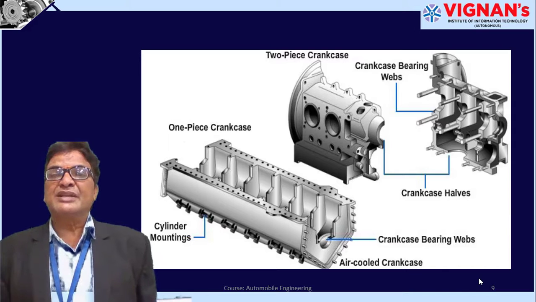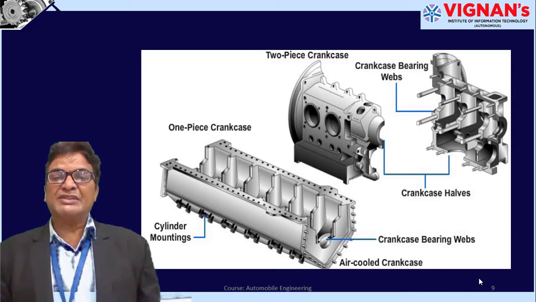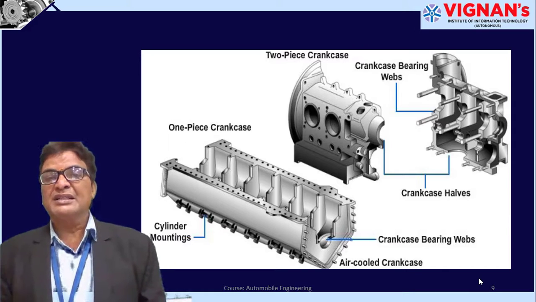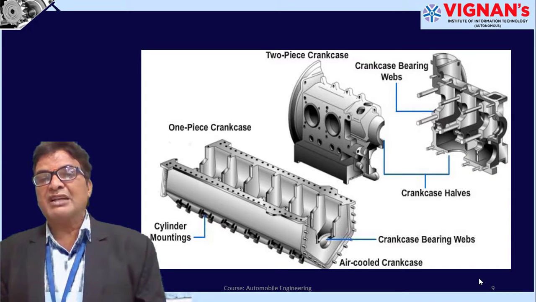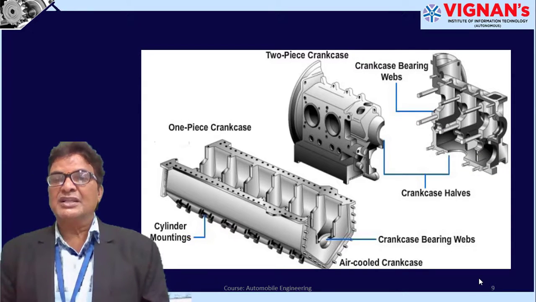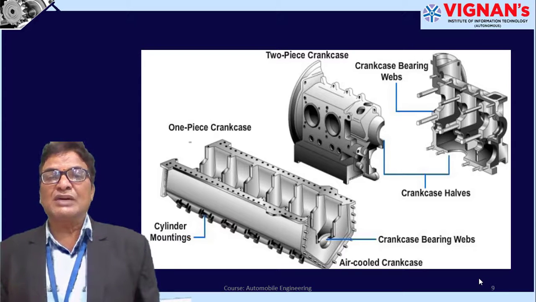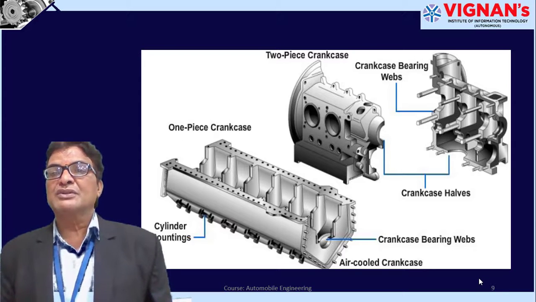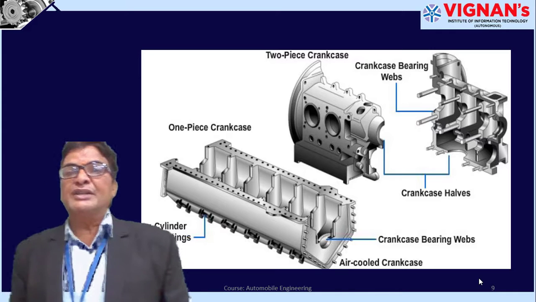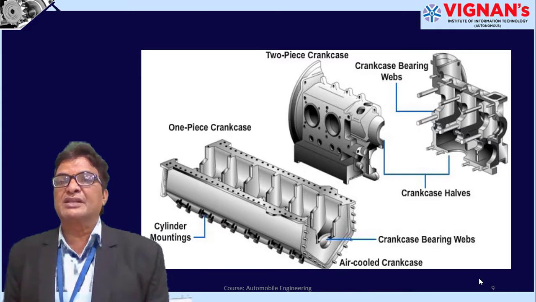Now let us discuss the crankshaft of the engine. The crankshaft is the bottommost part of the engine. This is the crankshaft for a heavy duty engine of a truck. It consists of two halves, so it is called a two-piece crankcase.